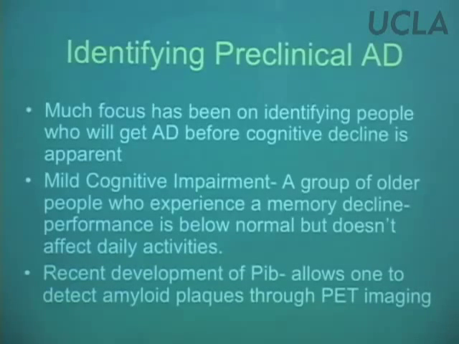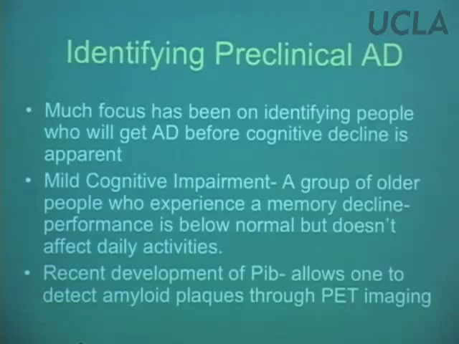So using things like PiB will allow us maybe to start treatments, when we have them in hand, before you really see substantial cognitive changes. Yeah, question? How early was that predicted? Well, the studies now are of people who come into the clinic with what's called mild cognitive impairment. They just notice the memory problems, and that's the group that people have been focusing on.